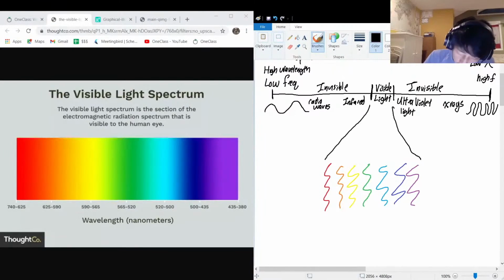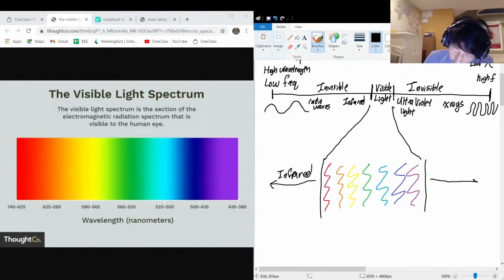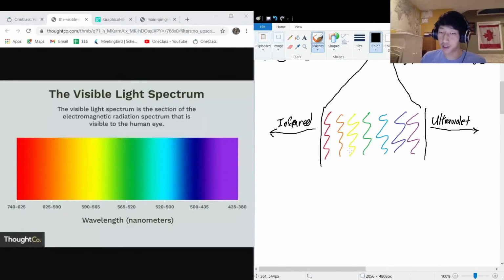So you can kind of see why infrared and ultraviolet get their names based on which light they are the closest to. You go more towards the red direction, you get infrared. More towards the violet direction, you get ultraviolet.